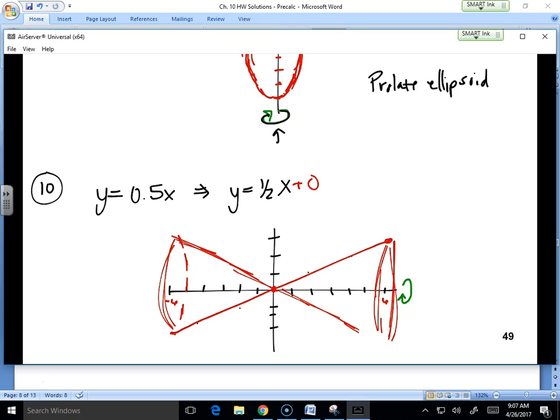It's not perfect in perspective, but it's the idea. And there we have our double cone. It's kind of nice because they gave you a hint with the word cone formed by. They didn't tell you it's a double-napped cone.